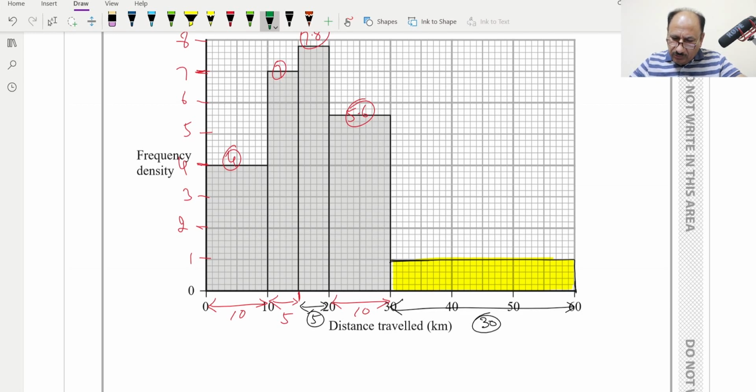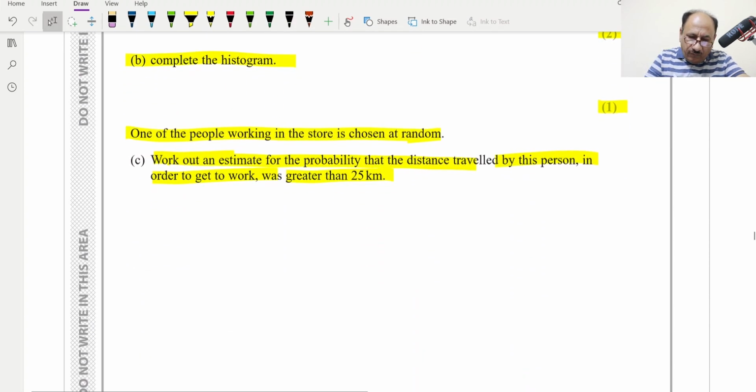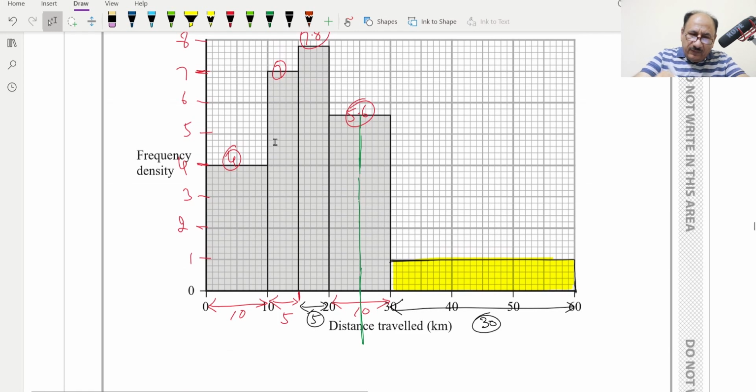If we check from the histogram, greater than 25 will be this line, and we have to check how many people are in this. So this bar will be 5 into 5.6. So I will write the working over here. So 5 into 5.6, this is for the first bar. The first bar will be this portion. 5, why 5?